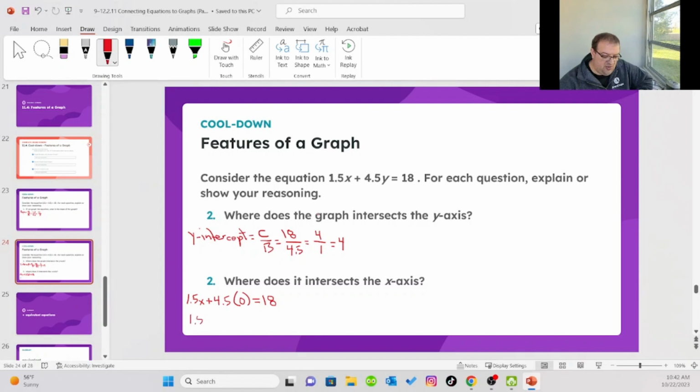Anything times 0 is 0. 1.5x is multiplication. The opposite is division. If I divide the left side by 1.5, I must divide the right side by 1.5. So x equals 12.